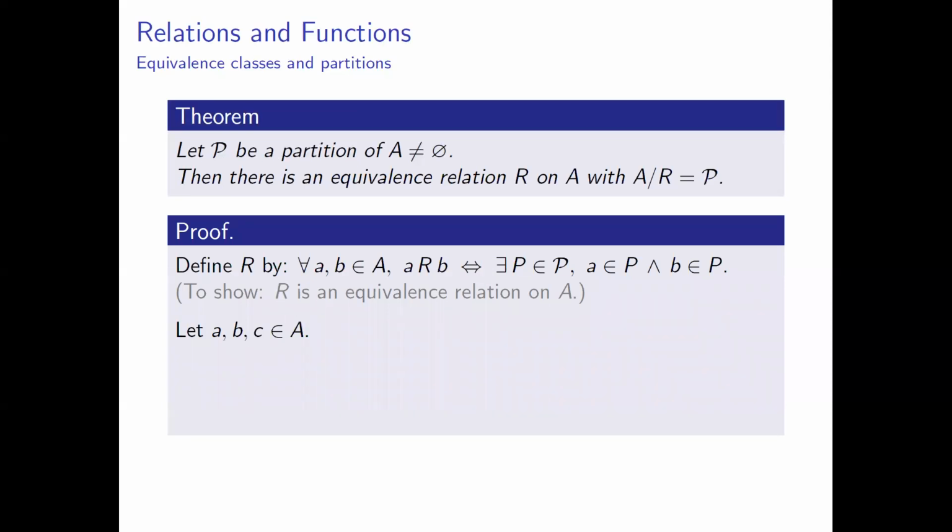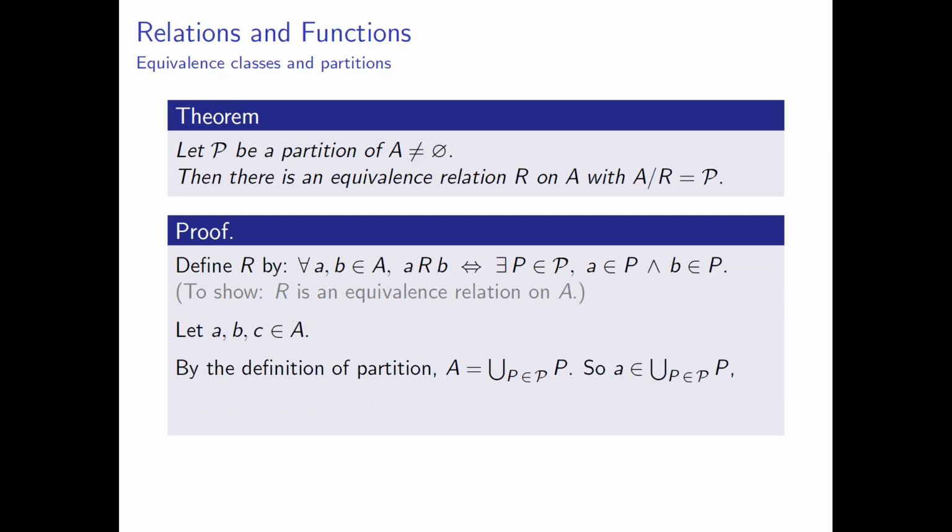Let a, b, and c be elements of A. First, we show that R is reflexive on A. By the definition of partition, A is equal to the union of all sets P in the partition.